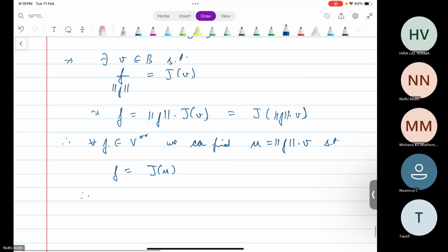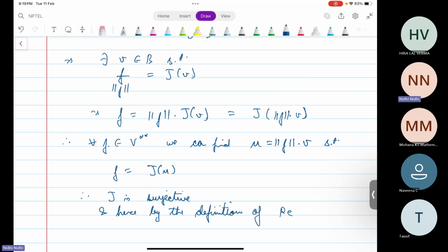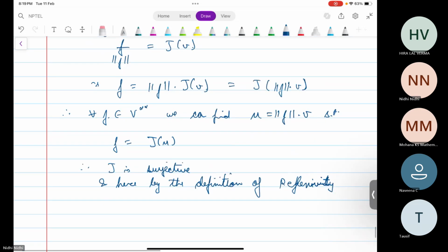Therefore, J is surjective and hence by the definition of reflexivity, V is reflexive. And hence we are done.